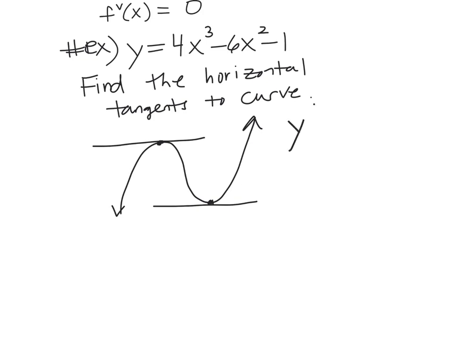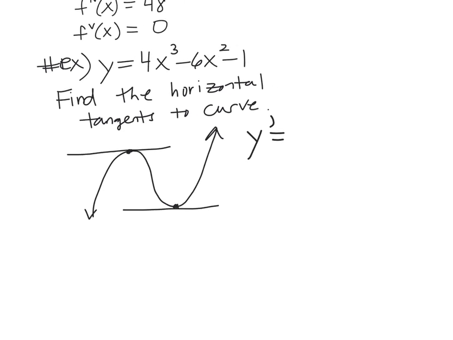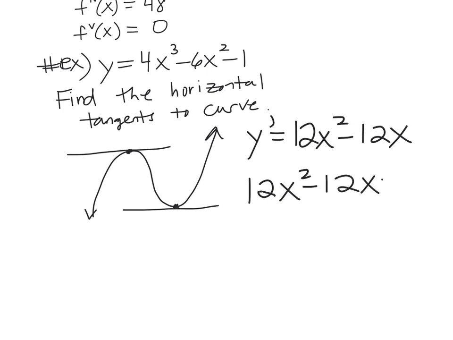All right, y prime. So let's go ahead and find the derivative of this. 12x squared minus 12x. Okay? So go ahead, set that equal to 0, and solve. Now, sometimes you're going to have to solve by factoring.